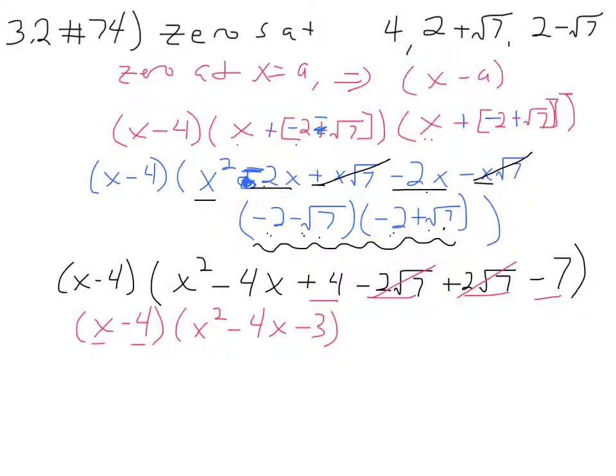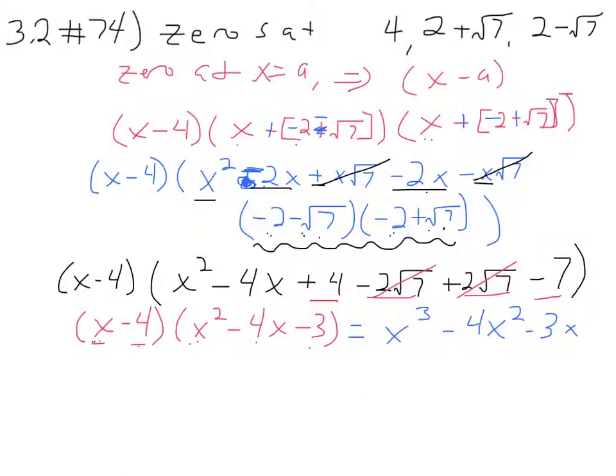So I'm going to do this as, I'm going to multiply everything by x, and I'm going to make little columns here. X times x squared is x cubed. X times a minus 4x is a minus 4x squared. X times a minus 3 is a minus 3x. Hopefully I don't run out of room.